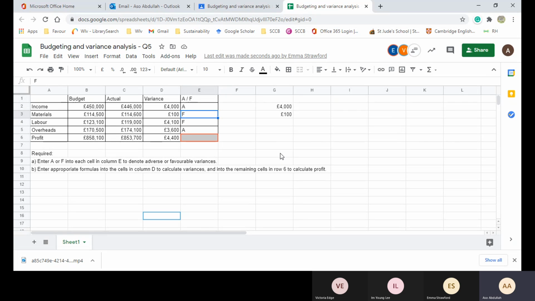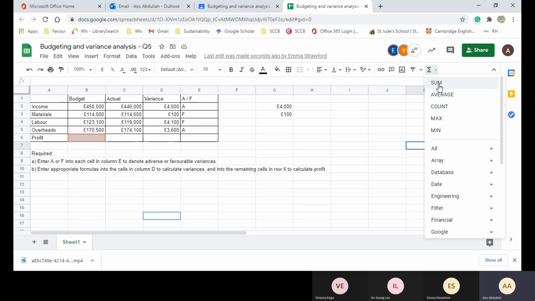So what do you think of material? Okay, try to function and sum. Click on sum in cell B6. In cell B6, click on the sum.